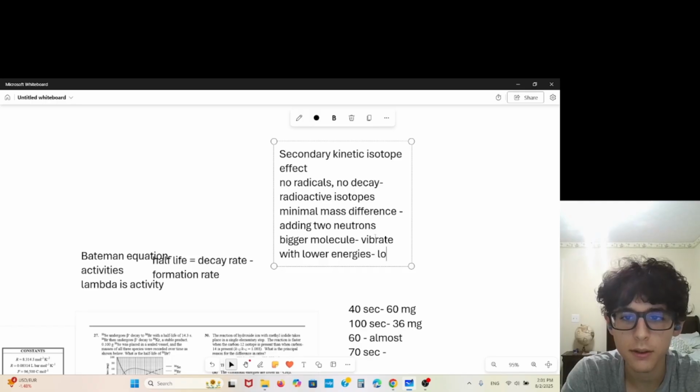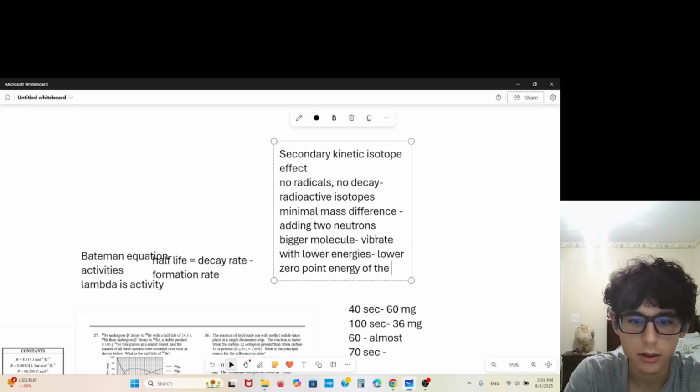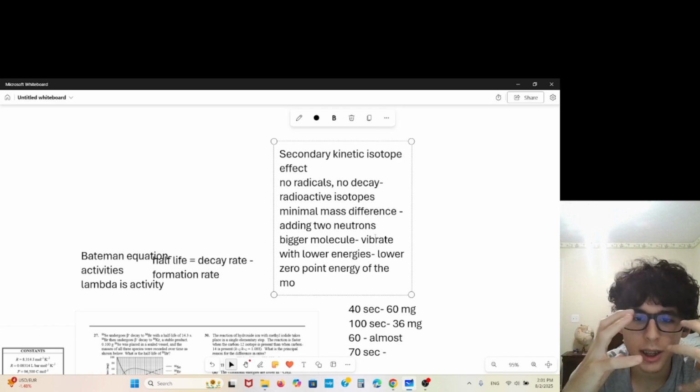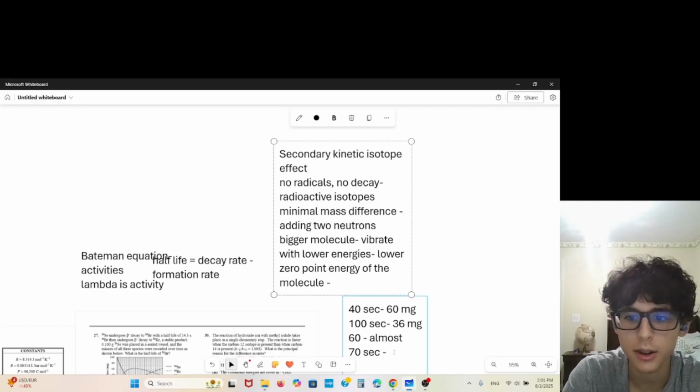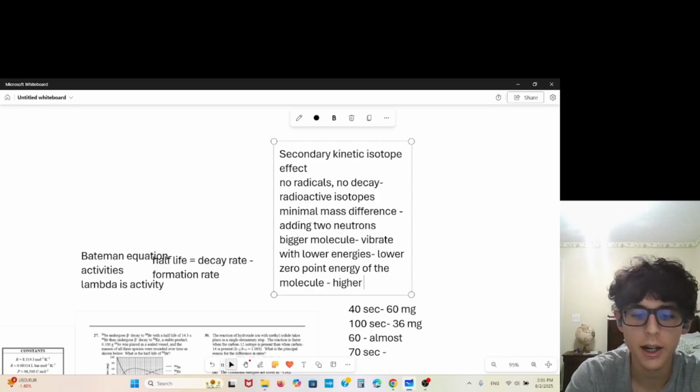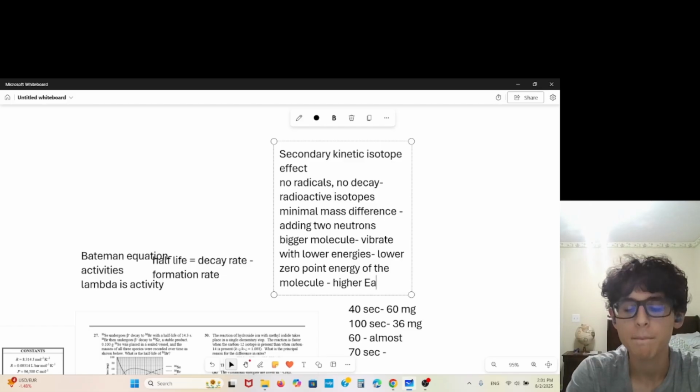You're going to have a lower zero point energy of the molecule because it's more molecularly bulky, not steric. If there's a lower zero point energy, there's gonna be a higher activation energy. That's the correlation, so it's gonna react more slowly.